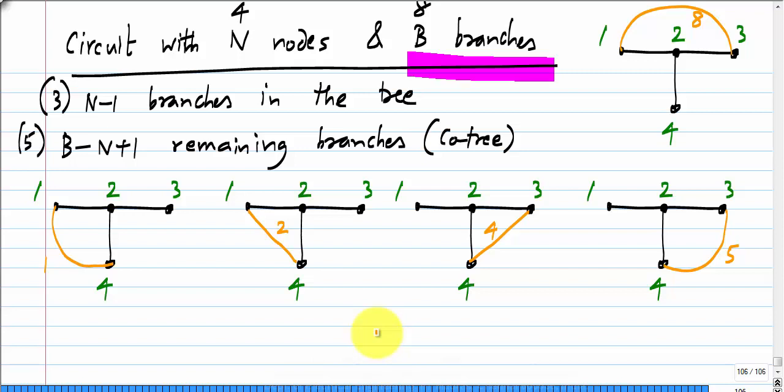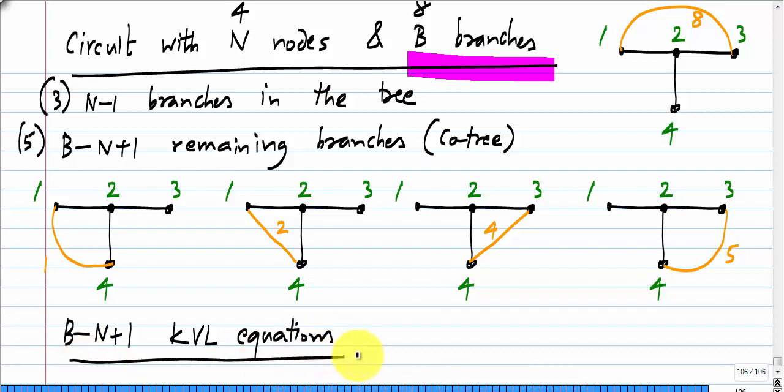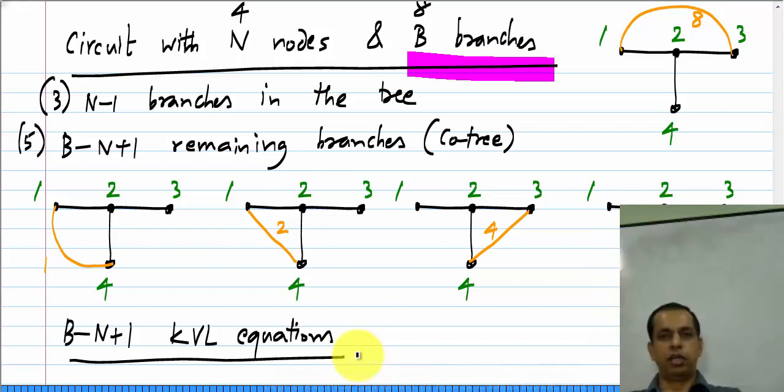Okay. So, there are 5 loops and I can have b minus n plus 1 Kirchhoff's voltage law equations. Okay. So, in an n node circuit we have n minus 1 KCL equations and in an n node B branch circuit we have b minus n plus 1 KVL equations. Okay.